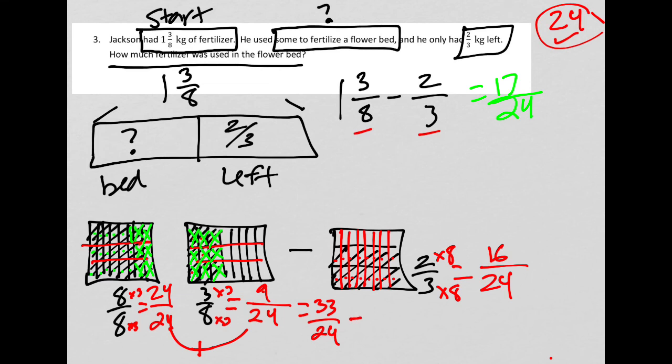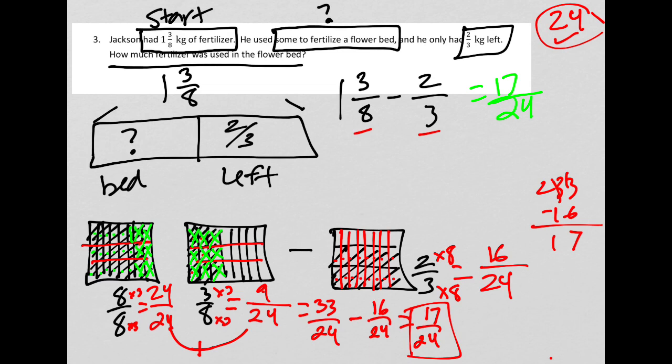And I'm doing 33/24 minus 16/24. That's the numerical equation that we just did. 33 minus 16 is my new step here. So let's see, 33 minus 16 is 17. So I get 17/24, which matches my picture answer.